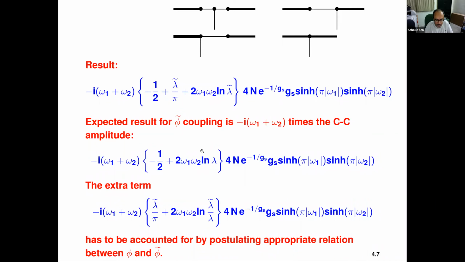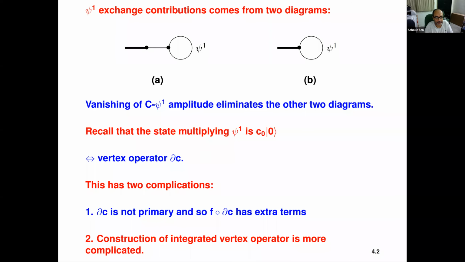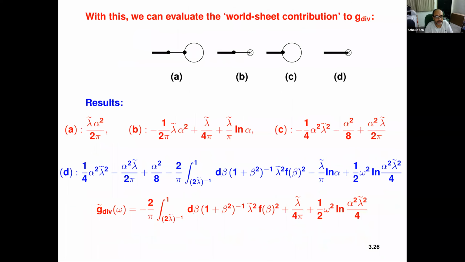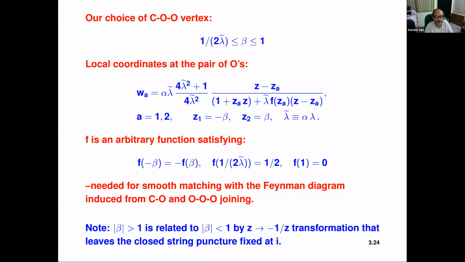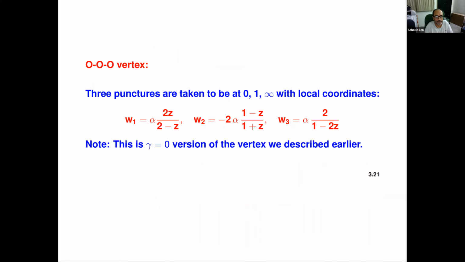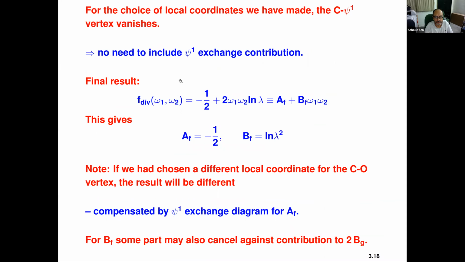So maybe I can go back and remind you that this factor is the same as what we computed in F. Here. This is the CC amplitude that we had computed.